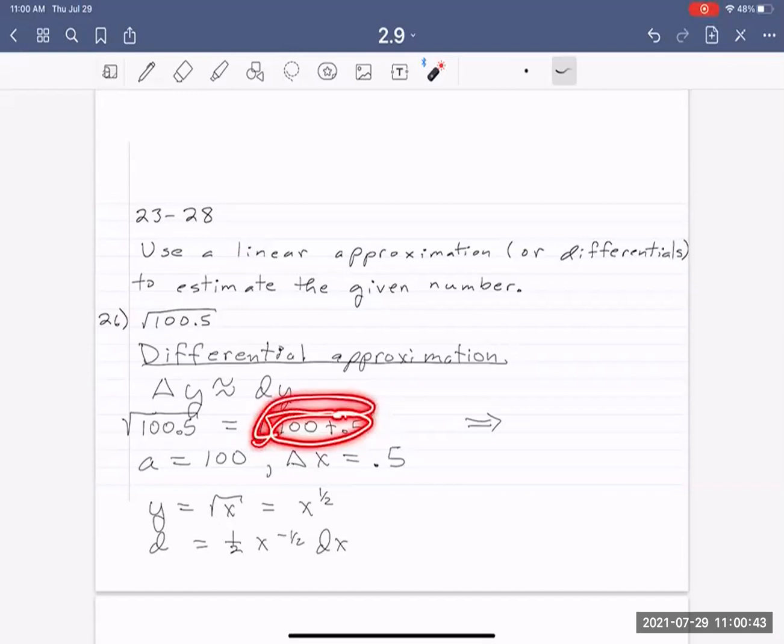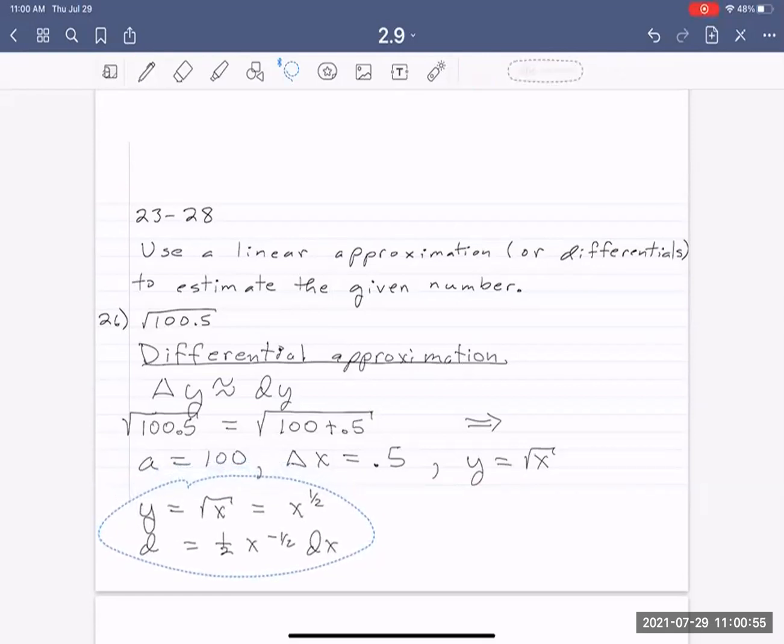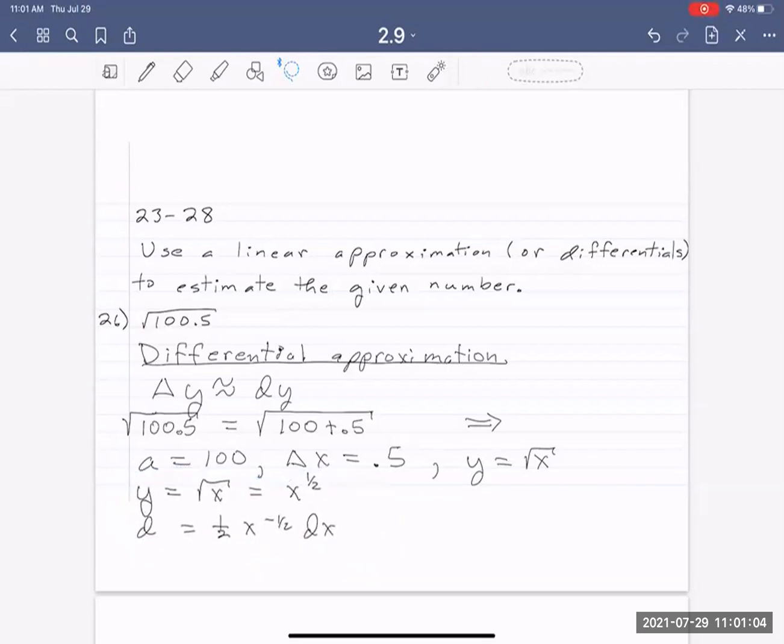I'm taking its square root. So I should have that my function is the square root of x. So really, that's how I got this. So that's why I put it below.